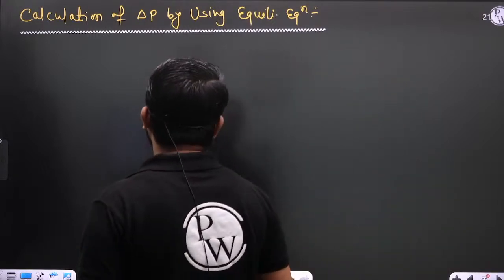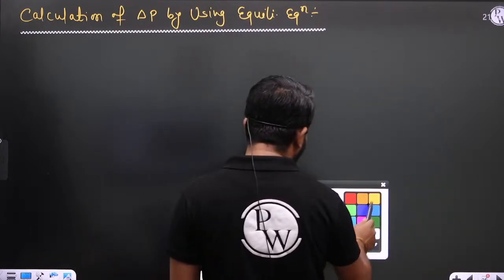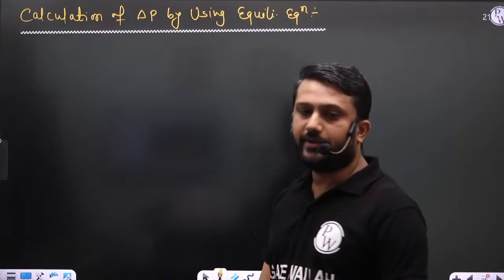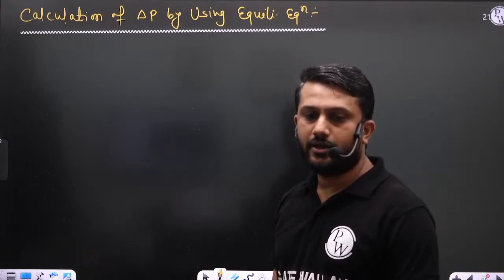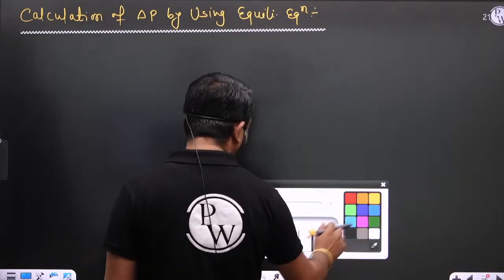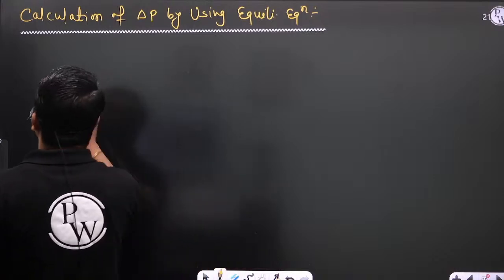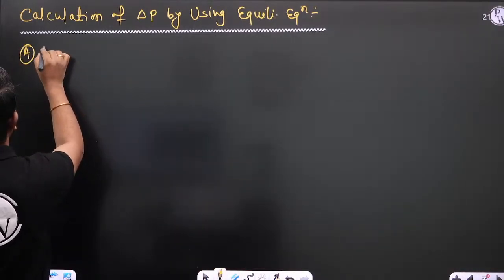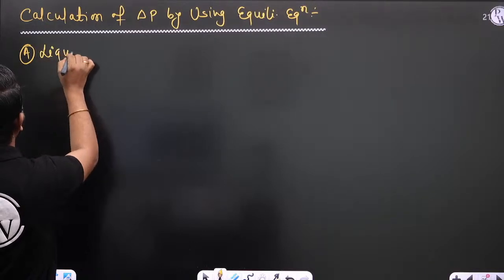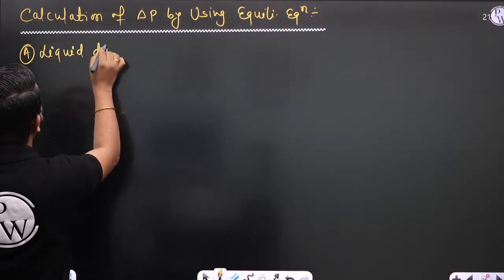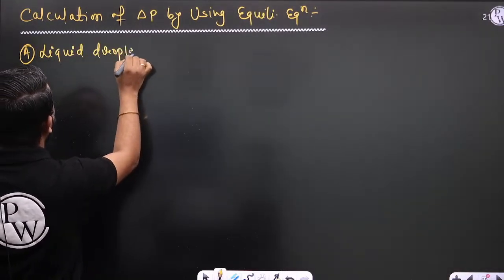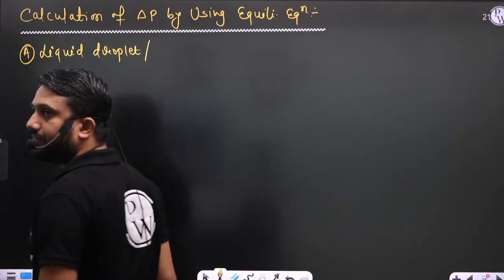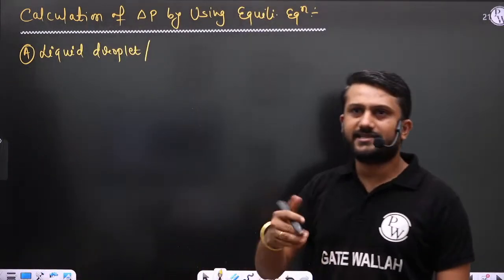Okay. Calculation of delta P by using the equilibrium equation. Now see here, case number 1 or case A: liquid droplet or air bubble inside the liquid.